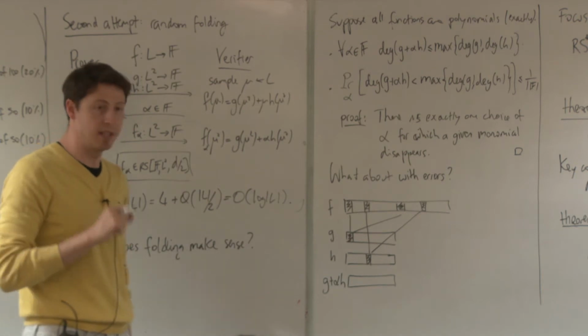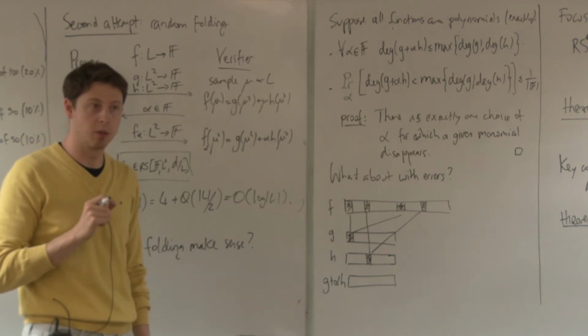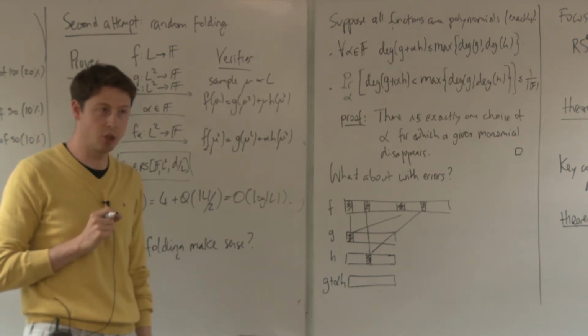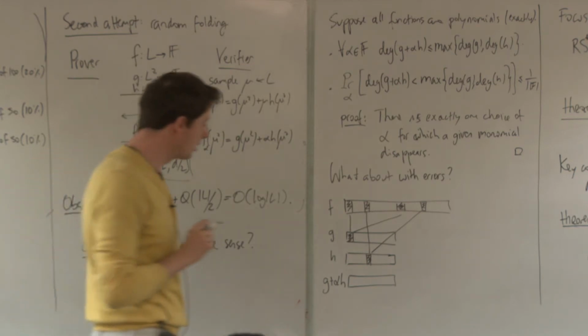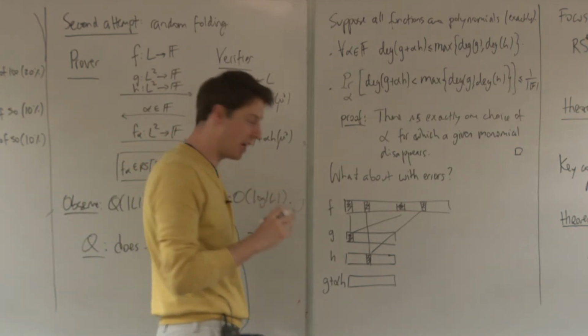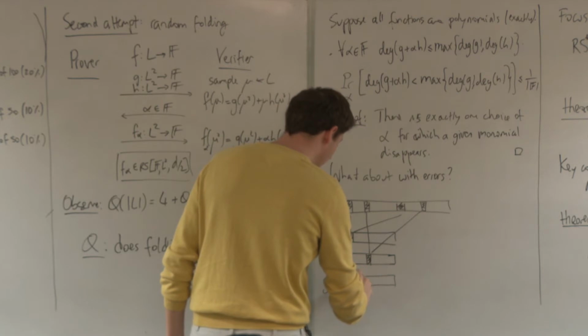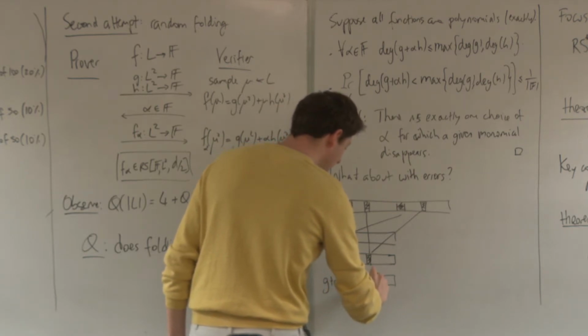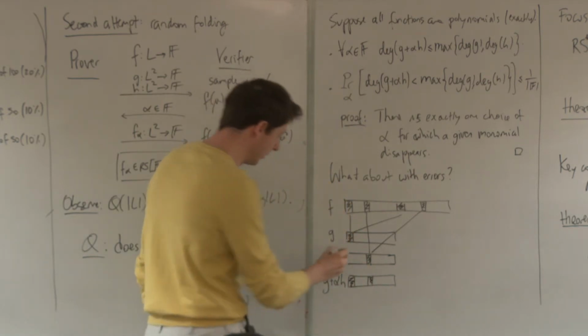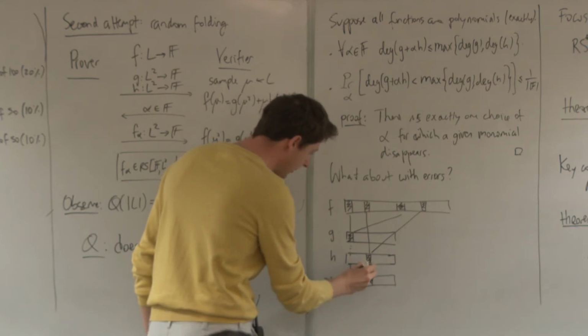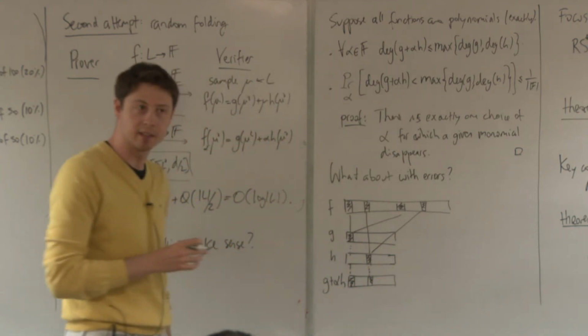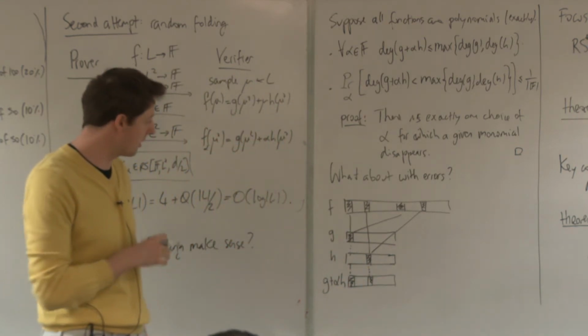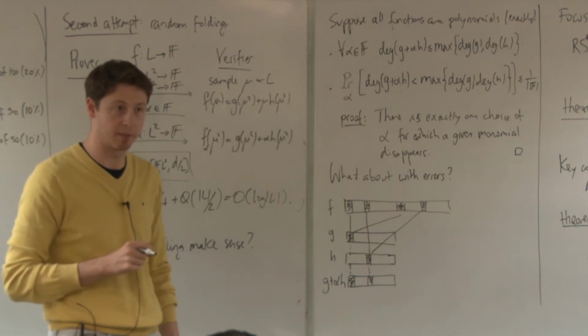But now we're not testing either g or h. We're testing a random linear combination of g and h. So what we expect to happen, ideally with high probability, is that I will have both of these around, right? The errors are out of sync, they're not in the same locations, and the random linear combination will suffer from that.